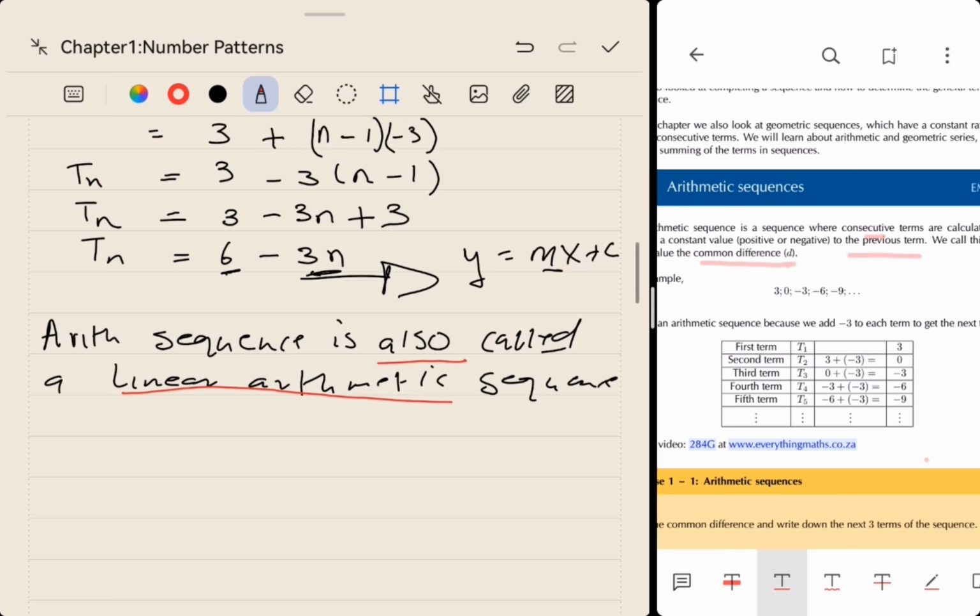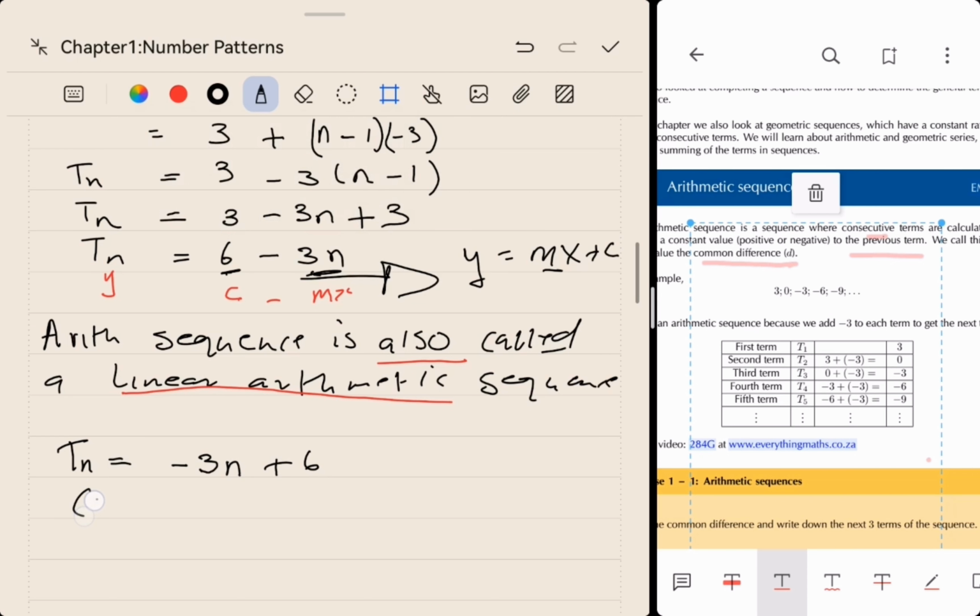You see that? So let's say that is our equation, and that will be your y, and that will be your c, and this is your mx. If you rewrite that, you get Tn is equal to minus 3n plus 6. Because we have the first 5 terms, we can say we have the first 5 positions.